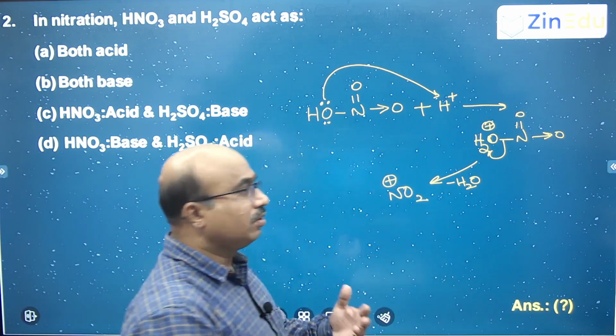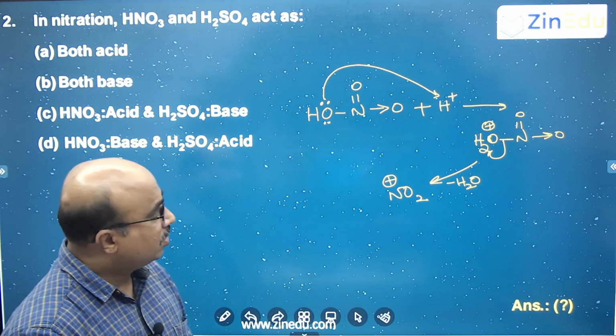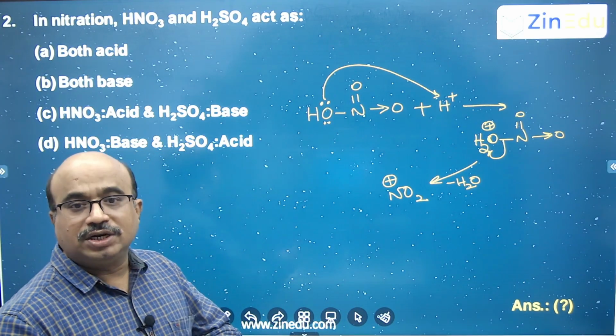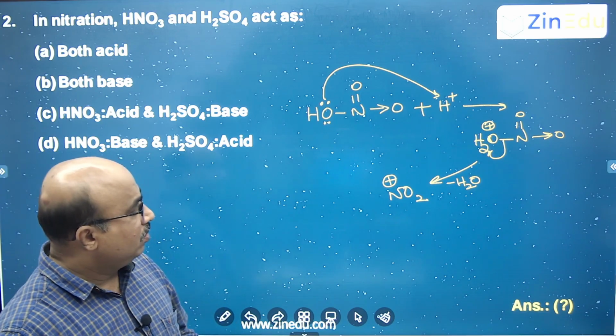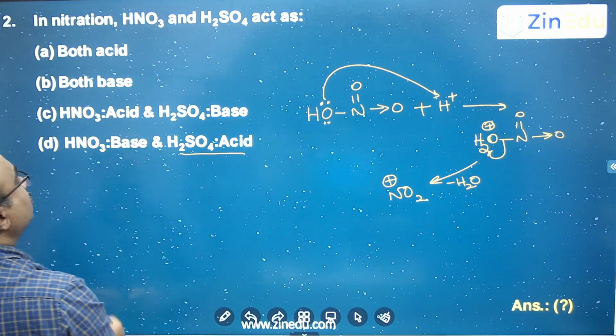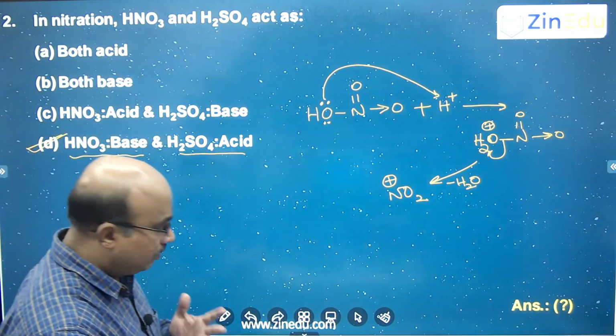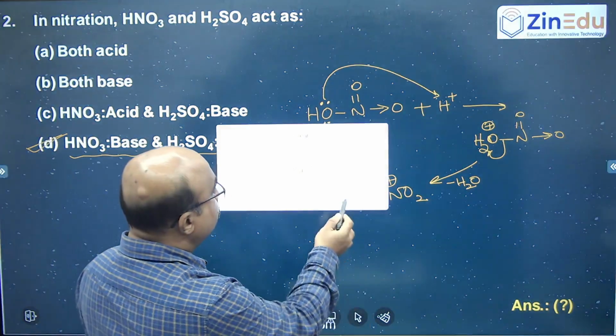So this is the basic mechanism, the first step, that is how the electrophile generation takes place. So H2SO4 is behaving as an acid, HNO3 is behaving as a base. Come to the next then.